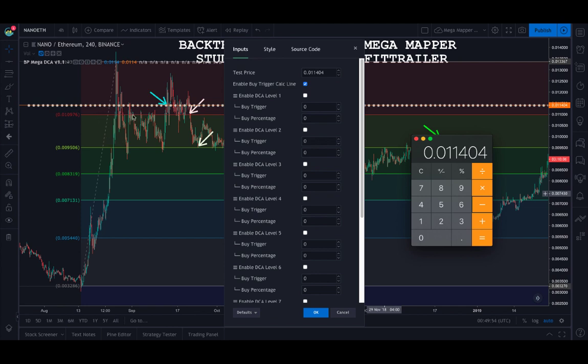We're trying to target this Fibonacci retracement level right here. And so we subtract that price, 0.010976. And now we divide that by the average price, this price right here.